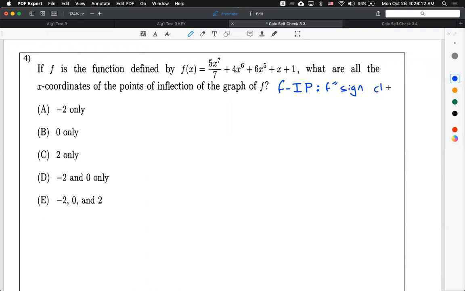Sign change. So we have to find f double prime. Let's first find f prime.